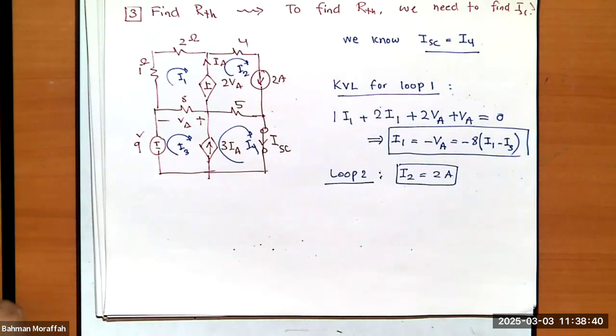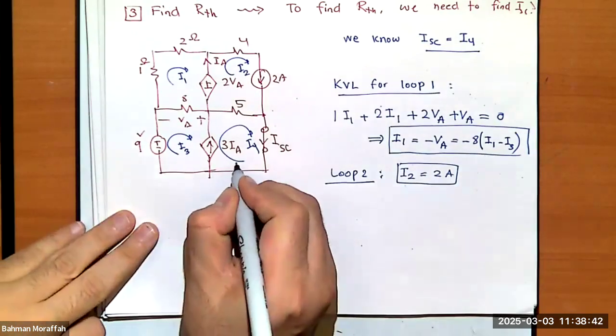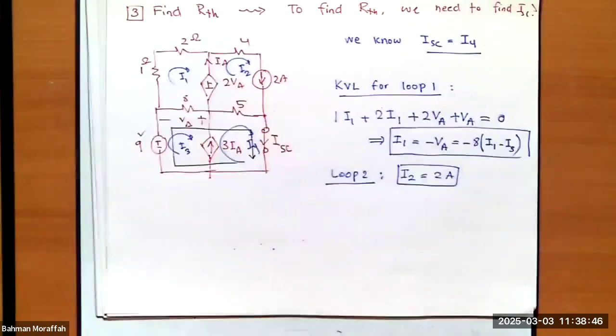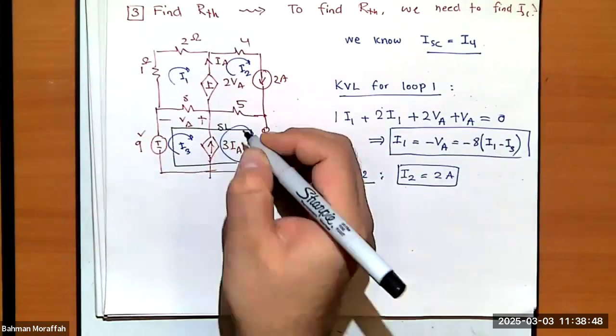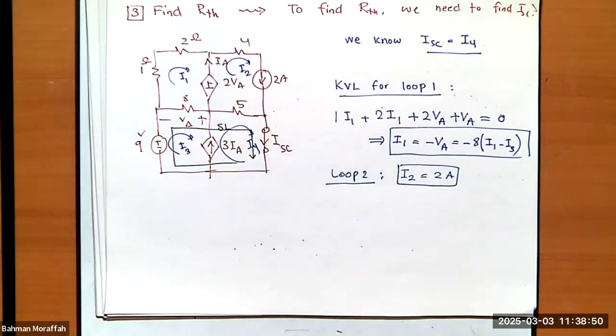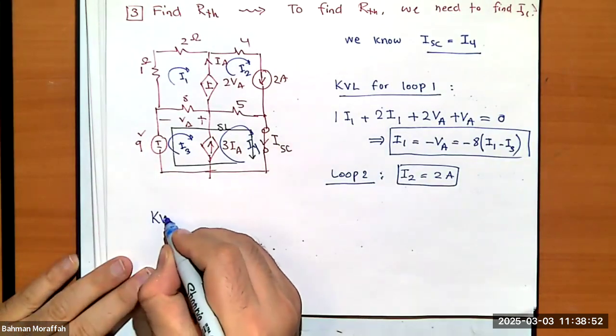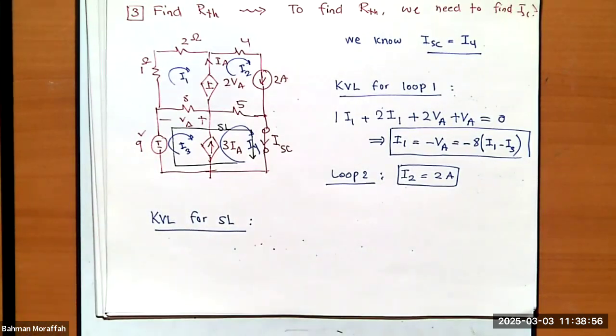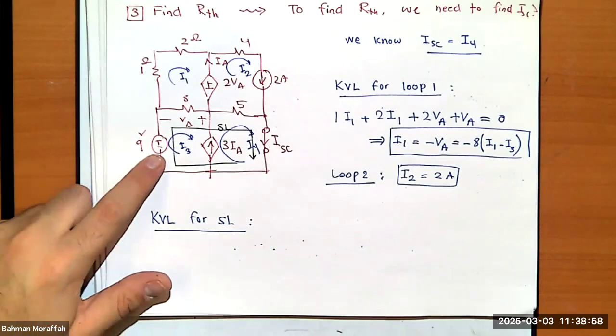So we're going to get around it like this. So let's call this super loop. So I can write the KVL for super loop. So let's start here.